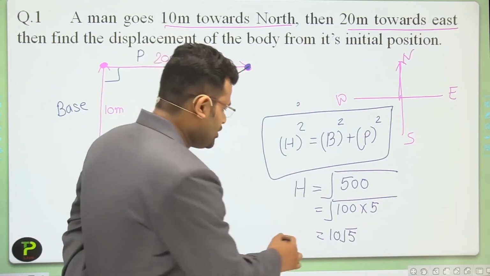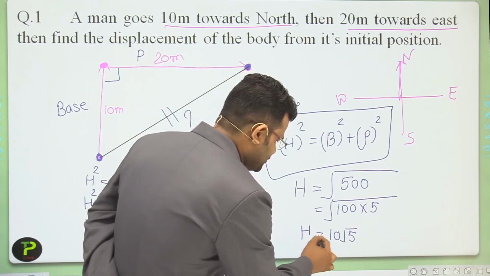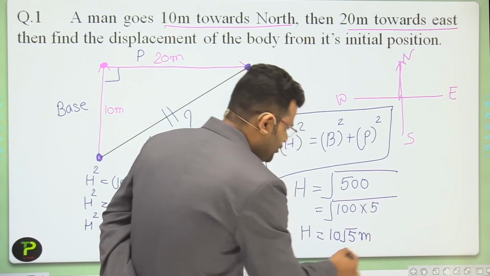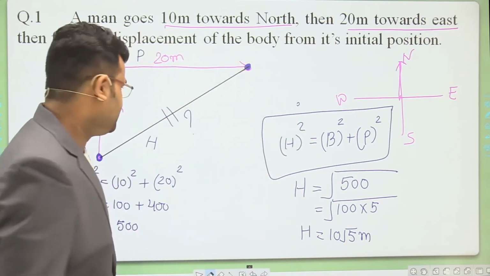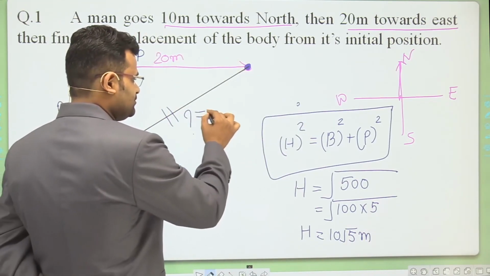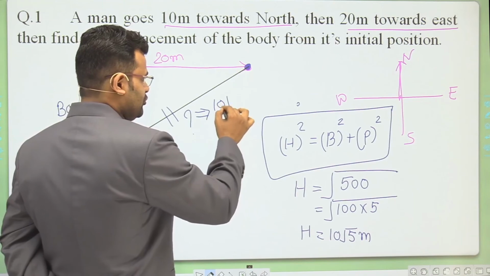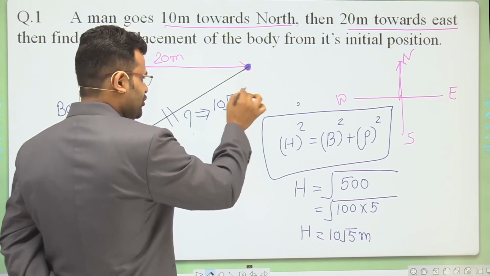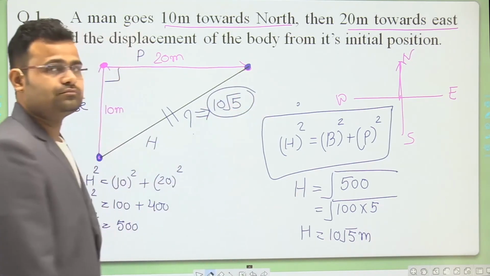So the value of the hypotenuse, dear students, is 10 root 5. Answer is hypotenuse 10 root 5. That is the value of the displacement.